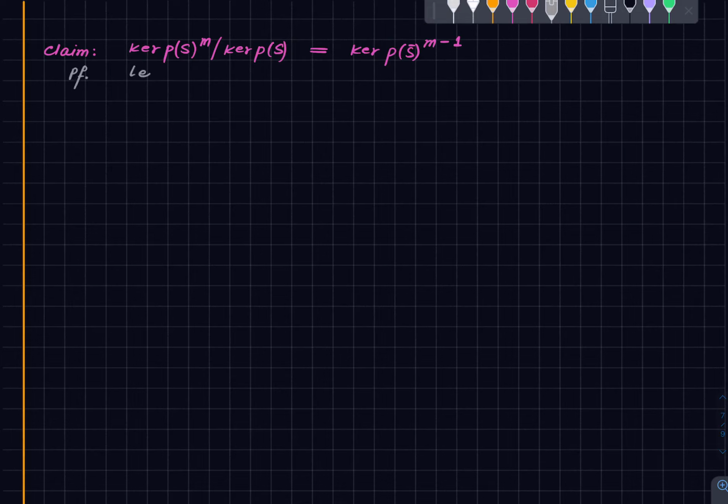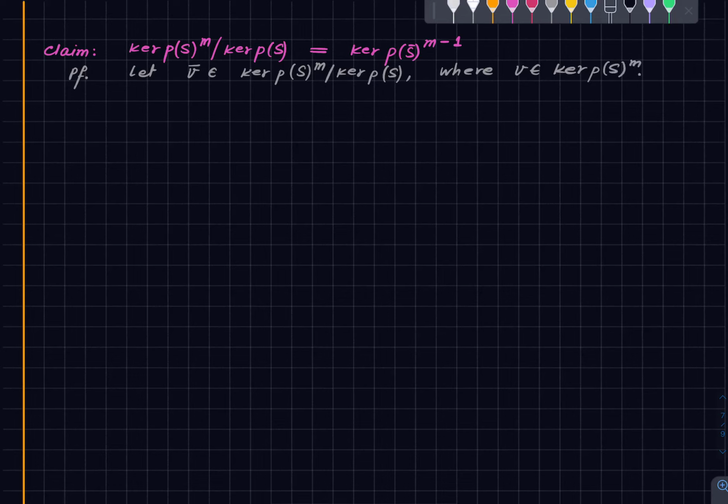So pick something in the left side, some arbitrary thing in this. Right?